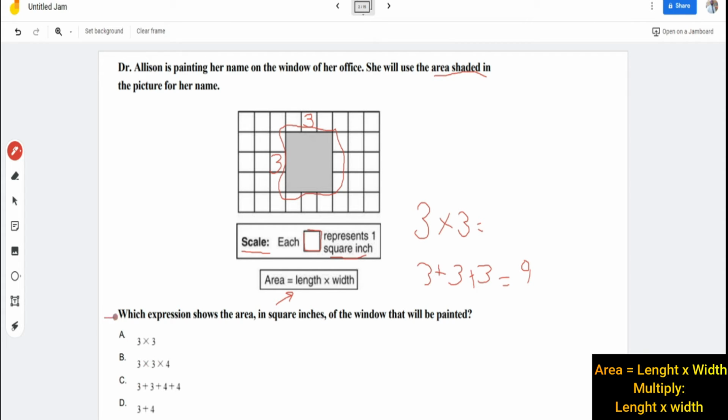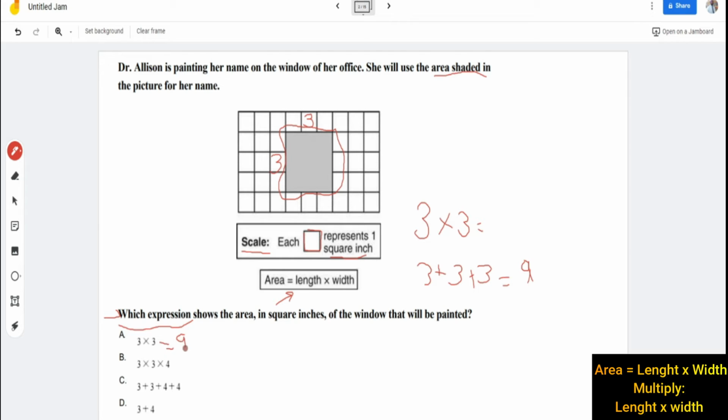But we have a question here. Which expression shows the area in square inches of the window that will be painted? Which expression? That means it's not giving you 9 exactly, so you have to find an expression or a multiplication equation that will give you 9. A says 3 times 3 is equal to 9.